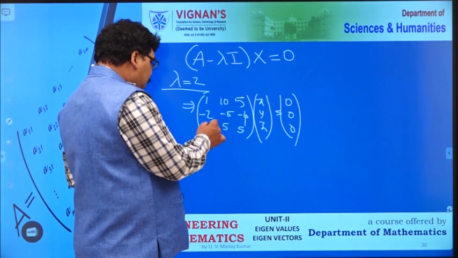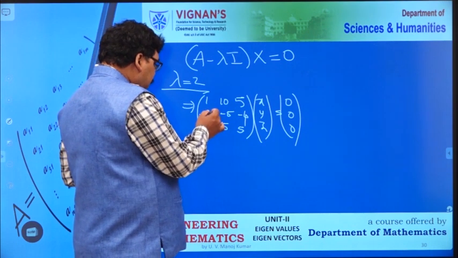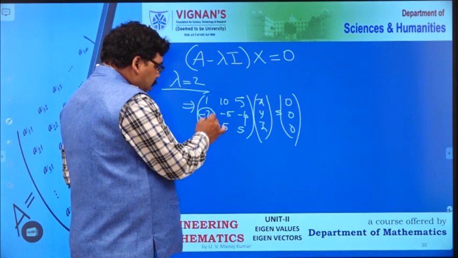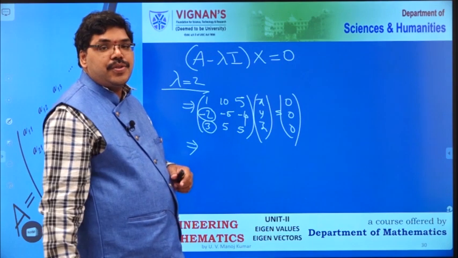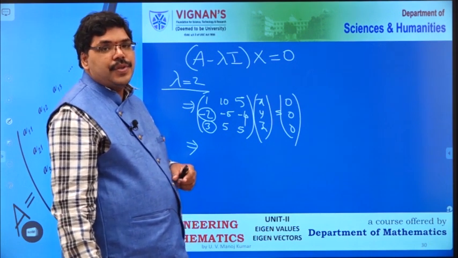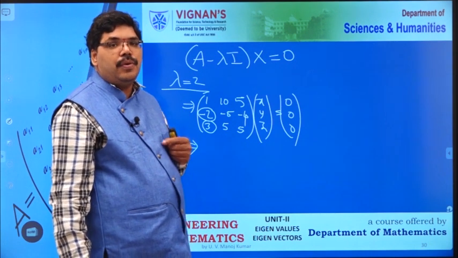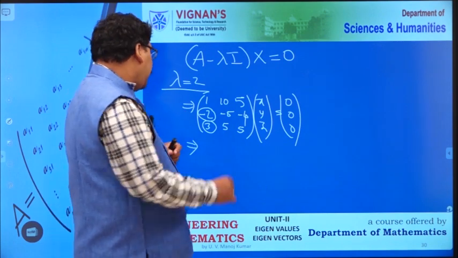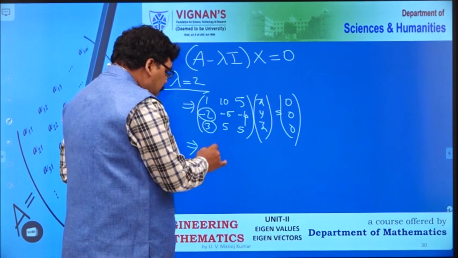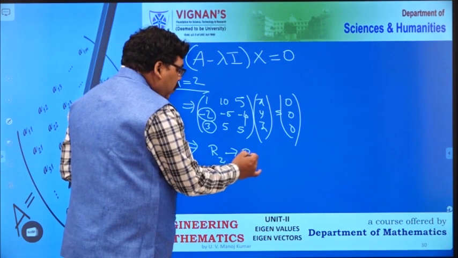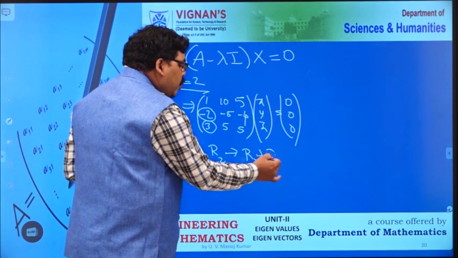I will make this into 0, this into 0, minus 2 and 3 into 0, so they are in the first position of the row. So I should use the first diagonal element. I use R1. So R2 changes into R2 plus 2R1.